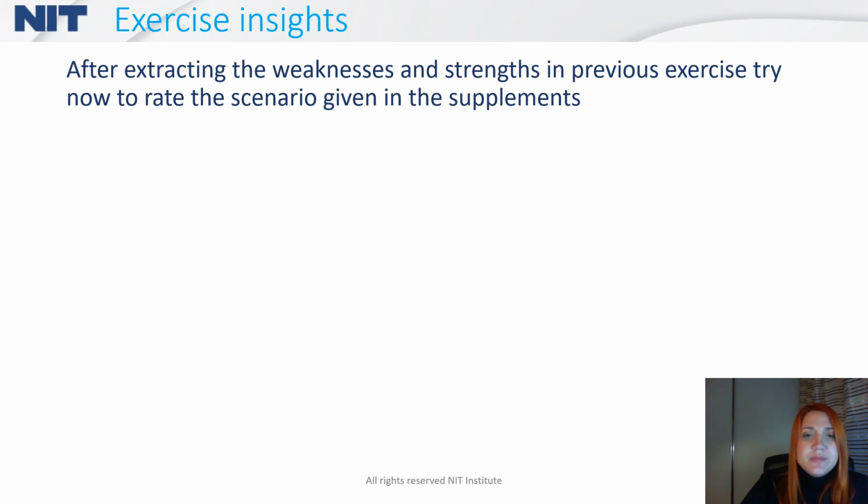In the supplements, you have, of course, this scenario and you will have the rating table. The idea is that you can use all the materials given in the supplements, like, of course, the ASPICE 3.1 standard, and, for example, the book that I will attach in the supplements.